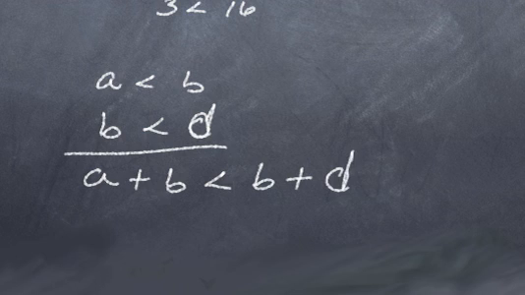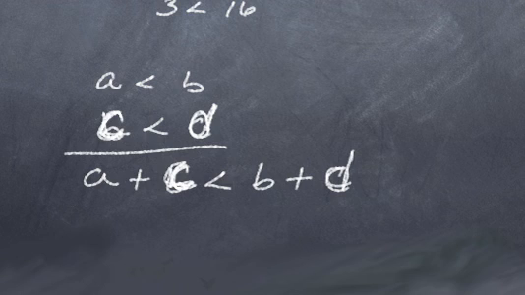B plus D. And that's supposed to be C. We kind of messed that up. Okay. So we have A plus C is less than B plus D, and that's what we had in the conclusion of our statement. I wasn't paying attention when I wrote this stuff down.